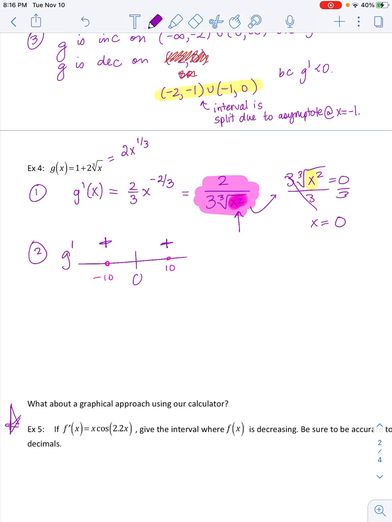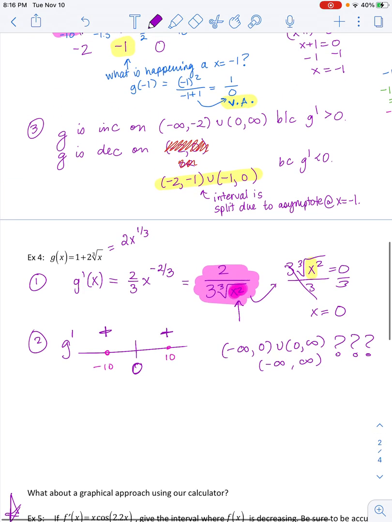Okay, and now, again, we are forced with a decision. Do I put -infinity to 0 and 0 to infinity? Or do I just say that this function is increasing everywhere from -infinity to infinity, right? Well, we don't know that answer until we analyze what's happening at 0, like we did in example 3.